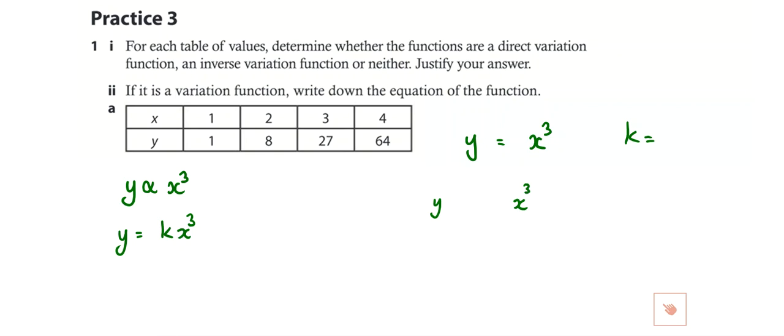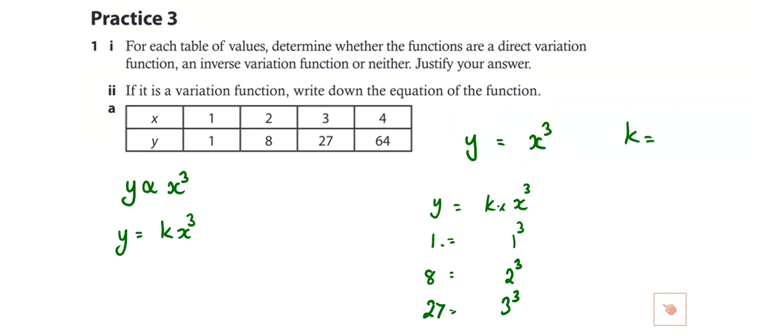So when x is 1, 1 cubed is 1. 2 cubed is 8. 3 cubed is 27. So if I put the equals k times that in, make sense? Yeah. What is the k times?